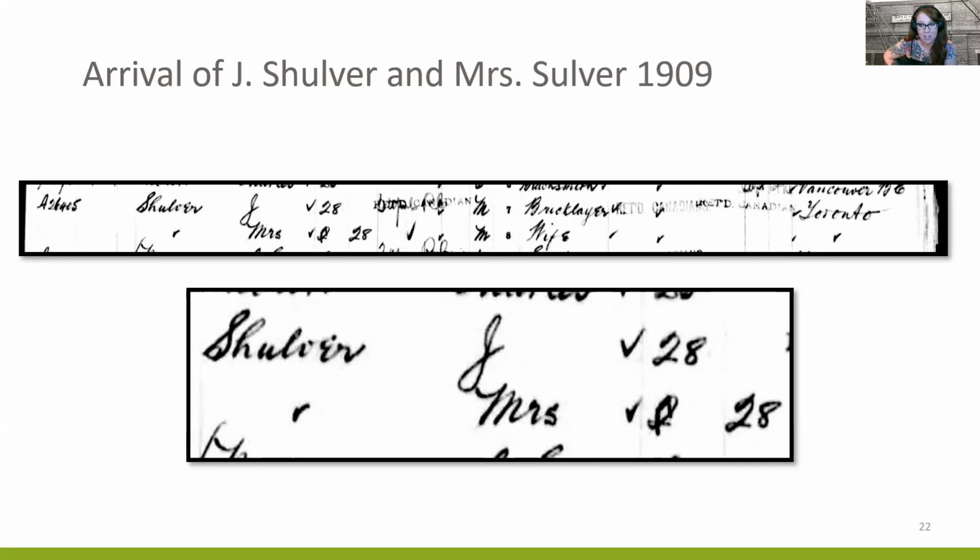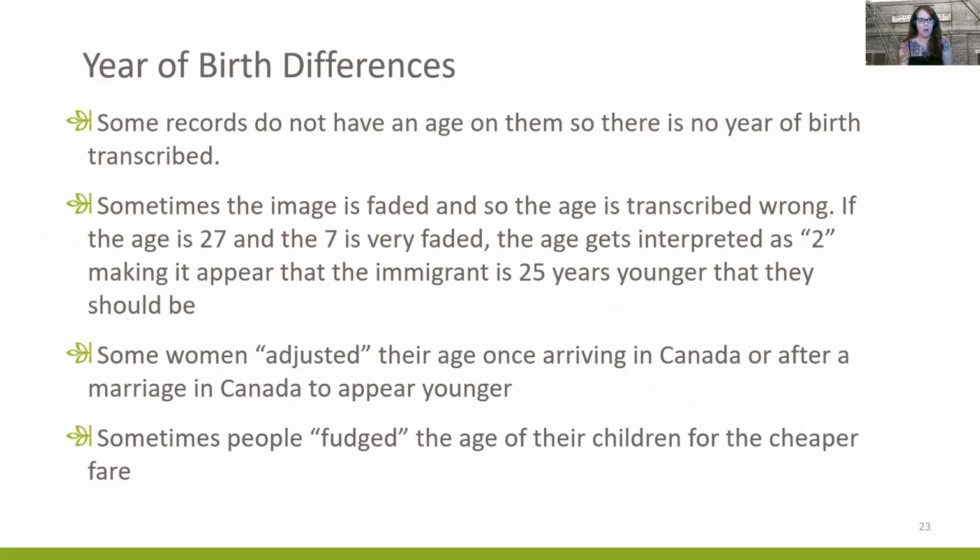So this isn't J. Shulver's original immigrant document. You would want to research for his in like 1904 to see if you can find his original arrival. I assume he went back to England to marry, and then he's bringing her to Canada with him.